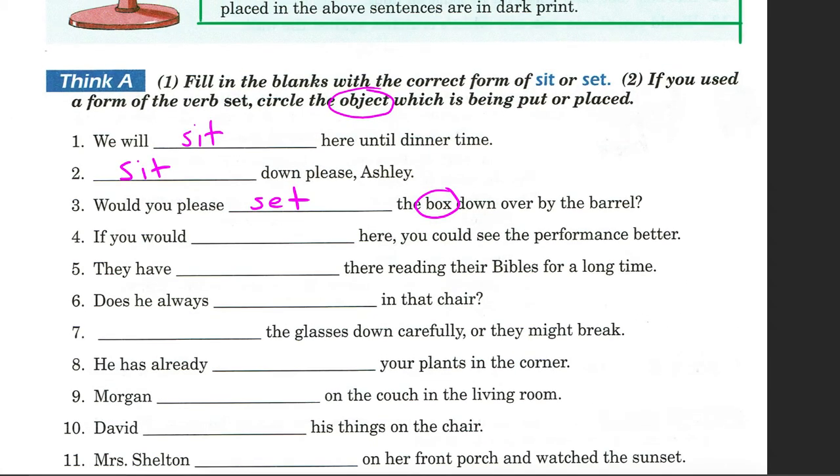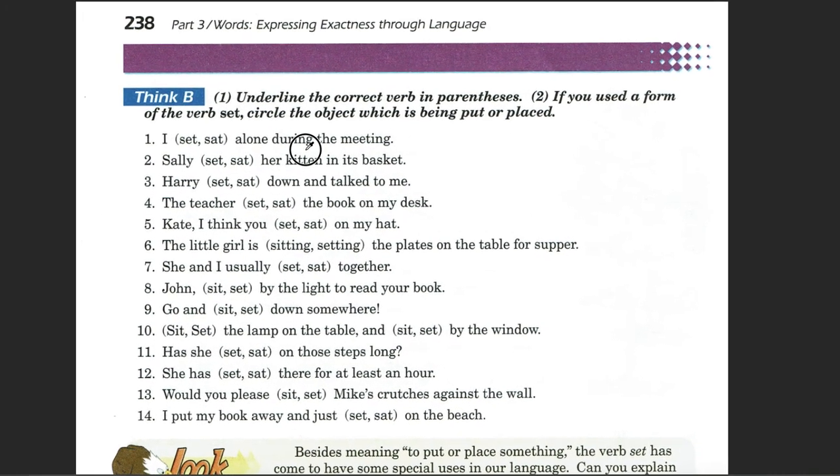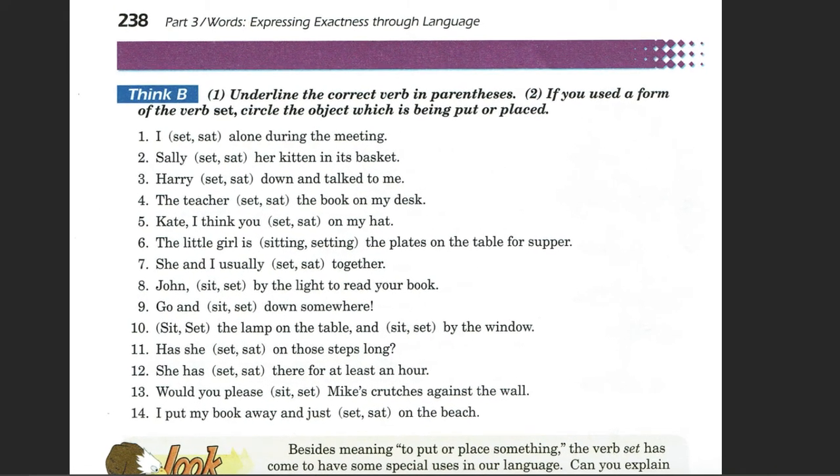Next page. Think B. Underline the correct verb in parentheses. If you used a form of the verb set, circle the object, which is being put or placed. So number one: I sit or sat alone during the meeting. What is being placed?